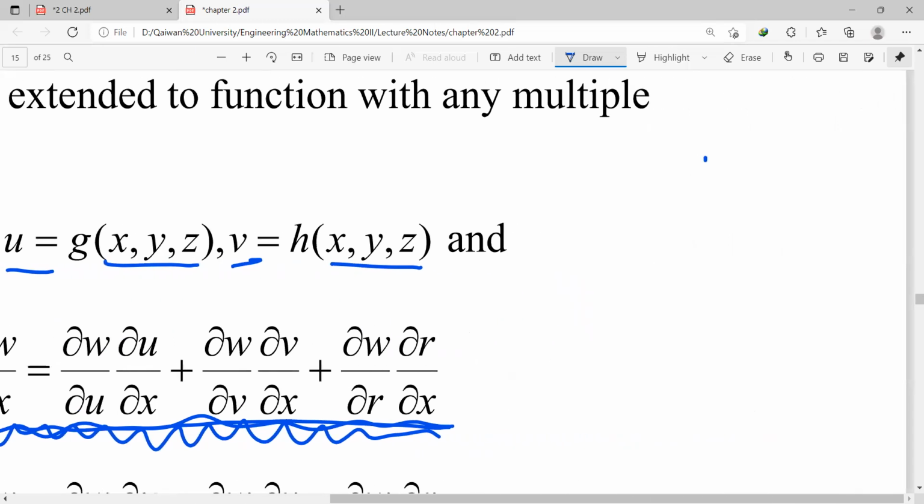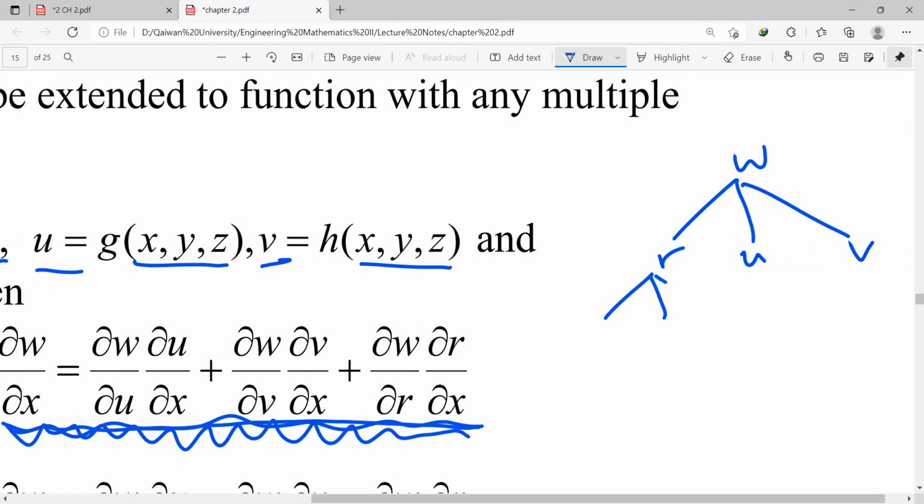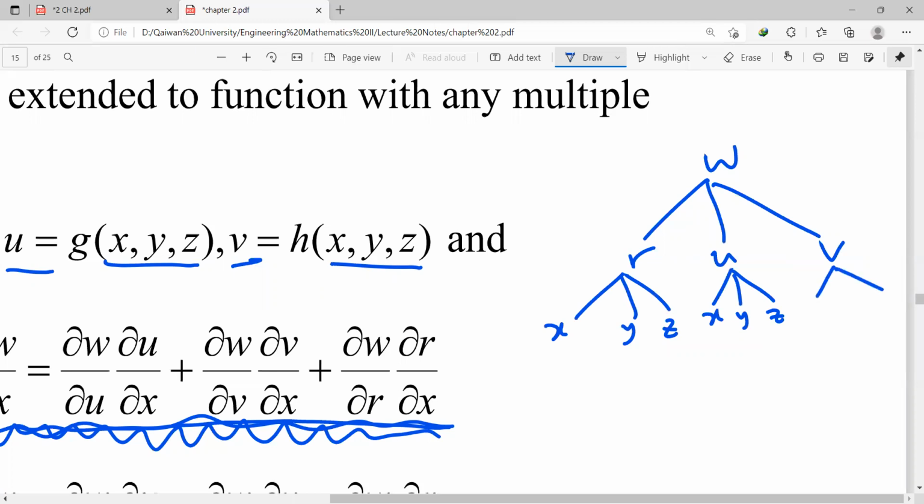In w, we have 3 intermediate variables, which are u, v, r. It's okay if you write down in any order. Then r is a function of x, y, and z, u is a function of x, y, and z, v is a function of x, y, and z.